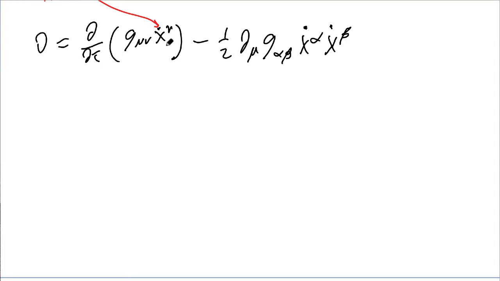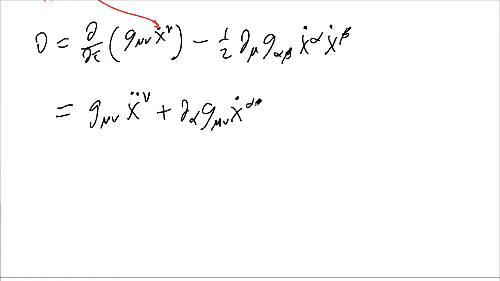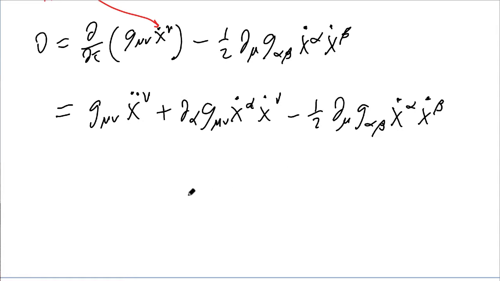So we can simplify this by using the product rule. This is g mu nu x double dot nu plus the derivative acting on g mu nu by the chain rule, that's partial alpha g mu nu x dot alpha times x dot nu, minus 1/2 partial mu g alpha beta x dot alpha x dot beta. So now let's multiply through by the inverse metric.